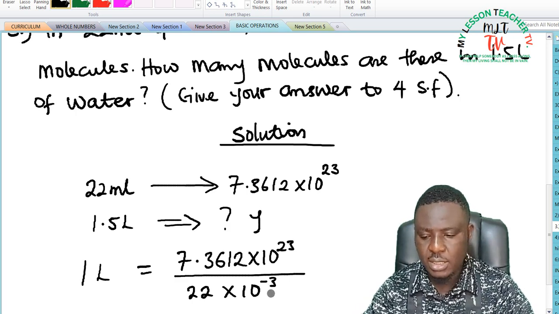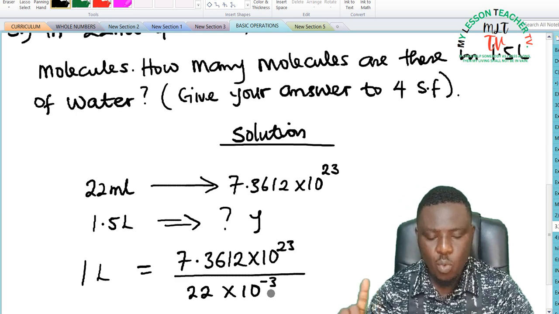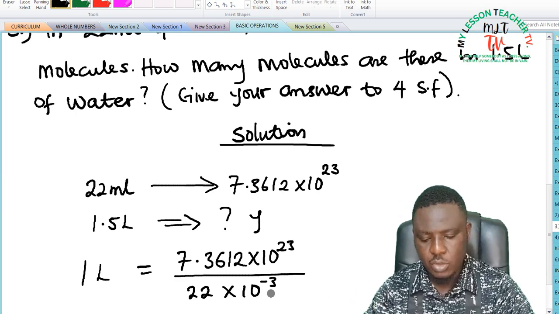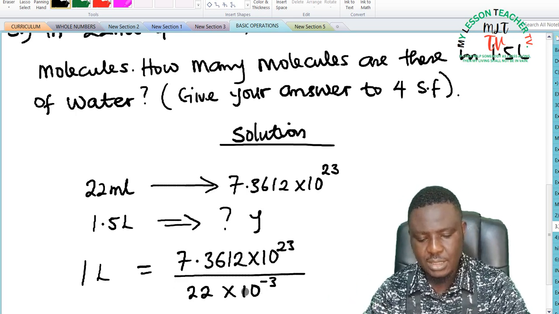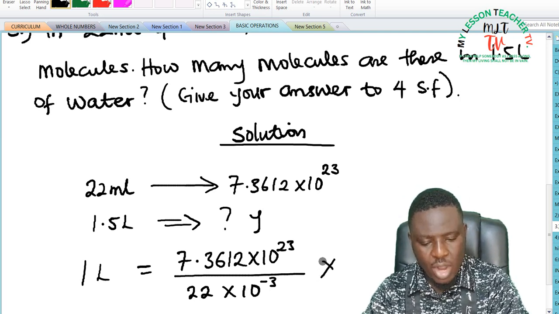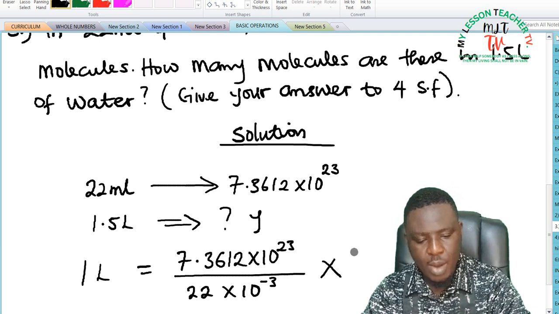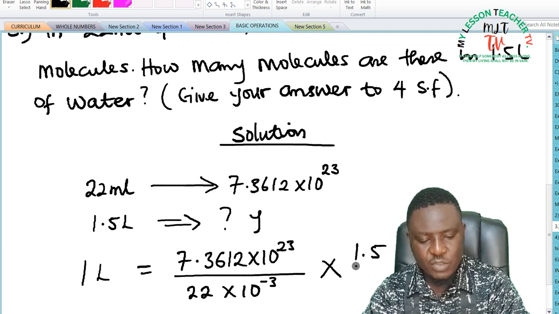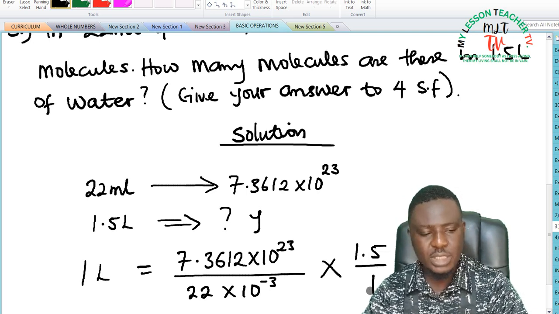And 1000 milliliters make 1 liter. So when you divide by this, you are going to get the quantity in 1 liter. Then when you have it in 1 liter, when you multiply by 1.5, it gives you the quantity you will have in 1.5 liters.